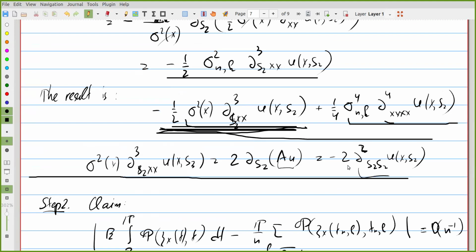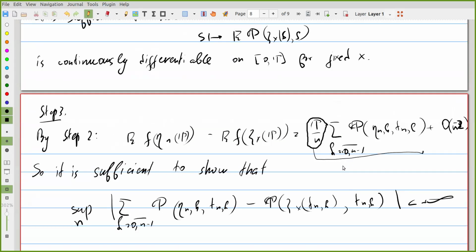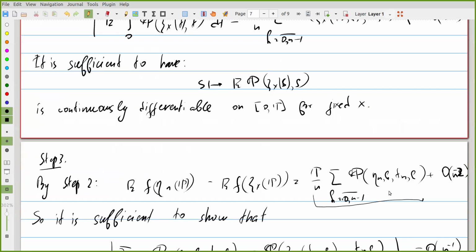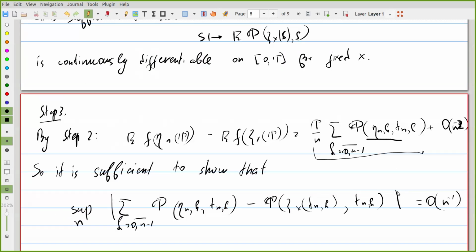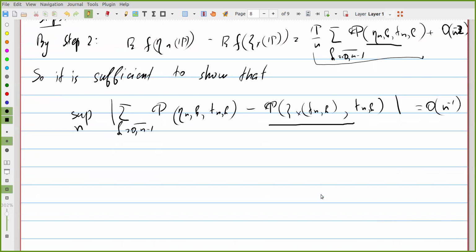No, we do not, right? We need a stronger, slightly stronger statement. This is this. Then the error when we replace these terms with these terms is going to be of order n minus 2, and we will require t minus n times the integral.